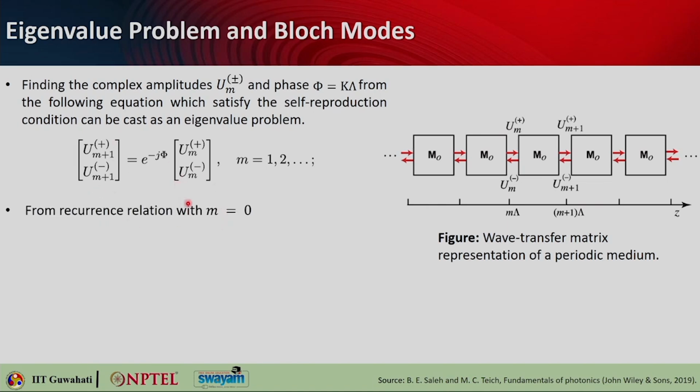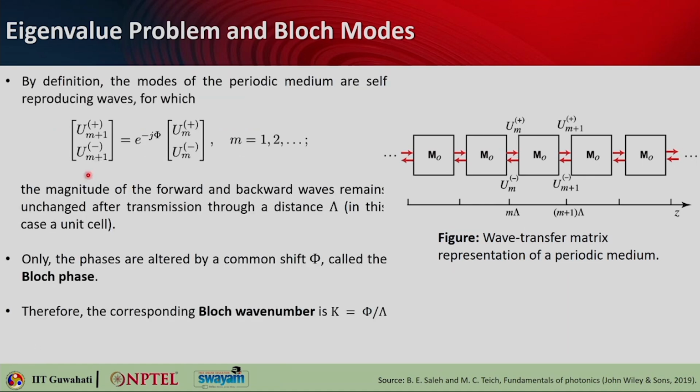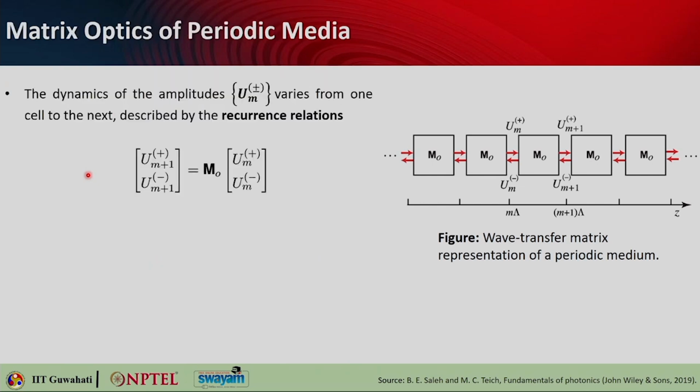Here if you put m equals 0, you get u0 plus and u0 minus, and you will have u1 plus and u1 minus, right? You can go back, and from here you can get that u1 plus and u1 minus can be written as M0 times u0 plus and u0 minus, right?